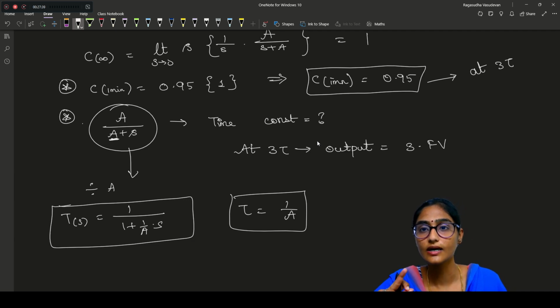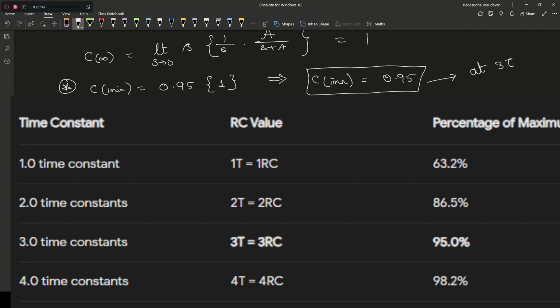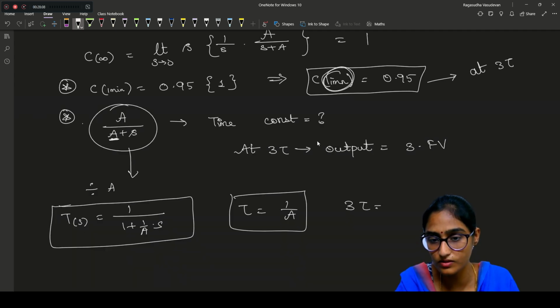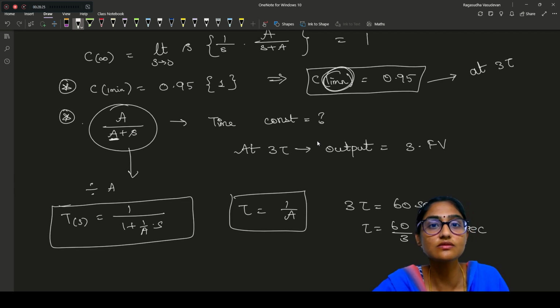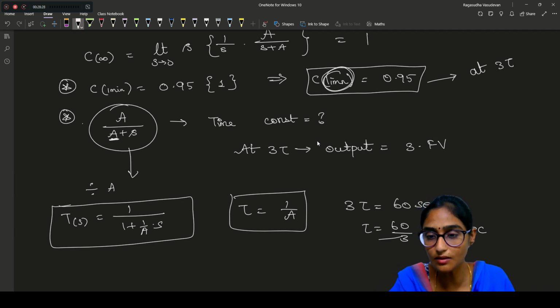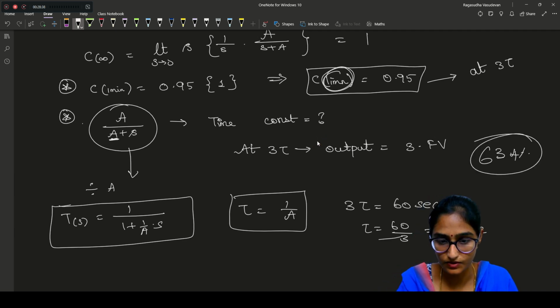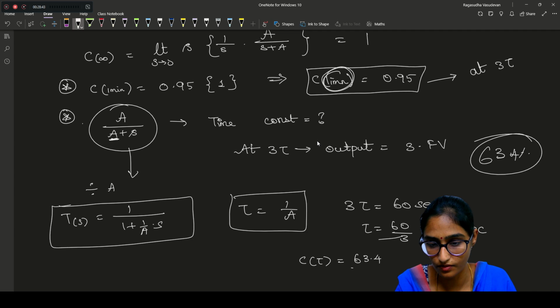So 3 times tau is equal to 60 seconds, and tau is 60 divided by 3, which is 20 seconds. At 1 time constant, the system's response is going to be 63.2 percent of the steady state value.